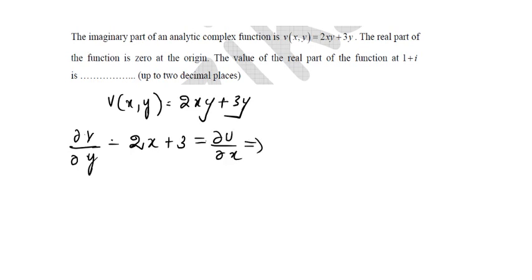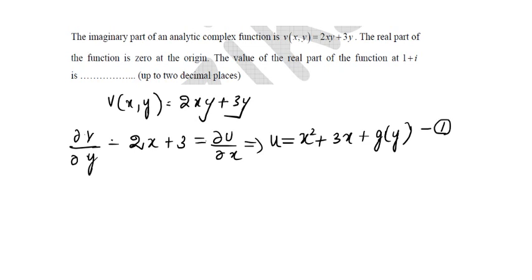So to find u, you have to integrate with respect to x. You get x square plus 3x plus an integration constant which should be a function of y. Write this as equation 1.